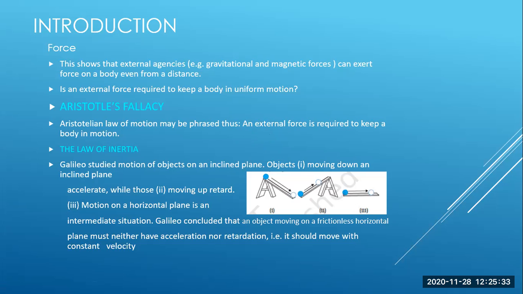Because of the friction between the ball and the surface, and because of the air drag acting in the opposite direction. Air drag means the air trying to stop the motion of the rolling ball. Otherwise, it will continue to roll till infinity if there is no friction between the surface of the ball and the surface on which it's rolling, and if there is no viscous force.